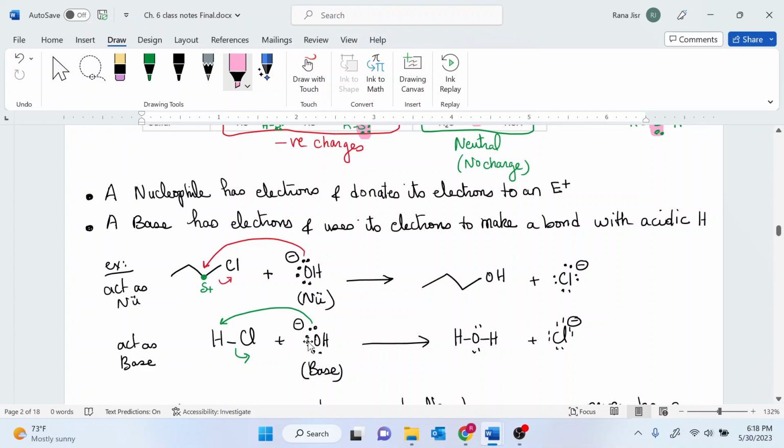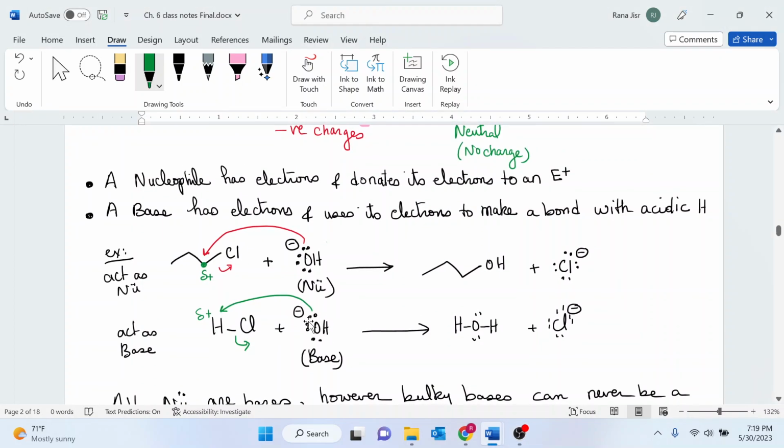So there is a difference in the type of the reaction whenever you are working with nucleophiles and bases. By definition, nucleophiles attack the partial positive carbon, and bases always take the acidic hydrogen. And keep in mind, it's still a nucleophile-electrophile reaction because the base is a nucleophile again, and that is reacting with the electrophile in order to get to the product.